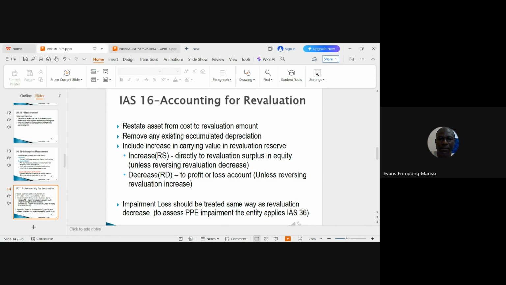So whenever you revalue assets and you get a surplus, surplus means the new value is greater than the old value. That is the surplus. And you get a surplus. That surplus is taken to the statement of changes in equity.